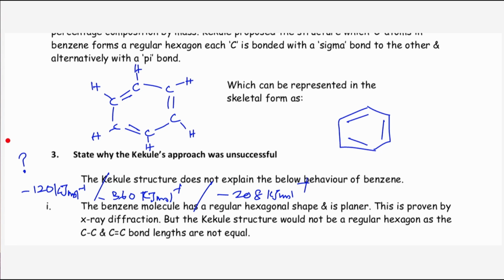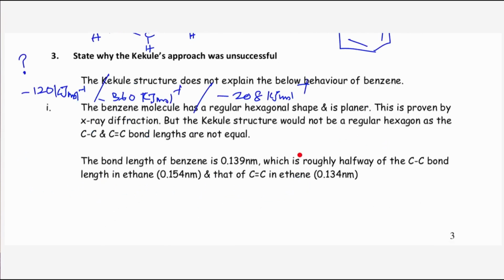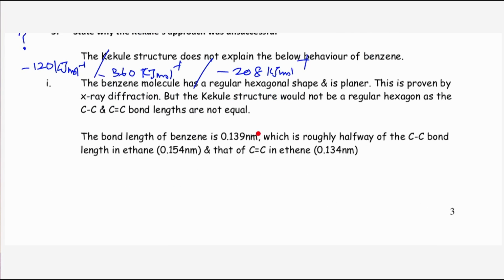The double bond is shorter, but the single bond is longer than the double bond, right? So therefore, it cannot be a regular hexagon. It will be an irregular hexagon in that case, because the double bond is short, the single bond is long. So it has to be something like this then, right? So it can't be a regular hexagon.